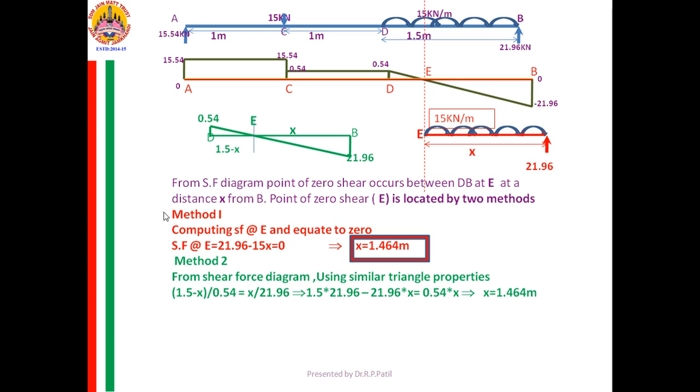Therefore, considering the smaller triangle, 1.5 minus x divided by 0.54, ratio of the corresponding sides, equals x divided by 21.96. If you solve it, again you will get the value of x equal to 1.464 meter. Yes friends, as this happens to be the new thing in today's session, if at all you are having any confusion in this part, please ask it.